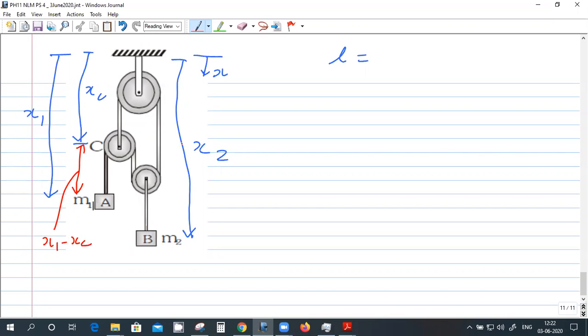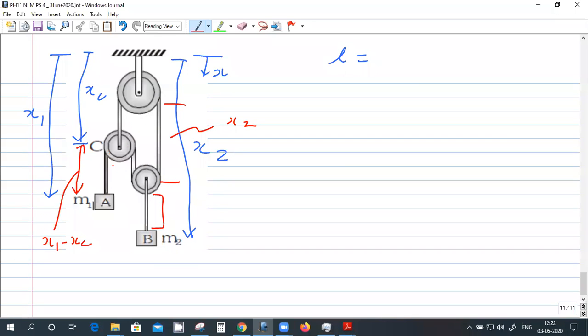And the length of this string? It will be x2, because this is a constant length. I can assume this is small, so this length is x2.